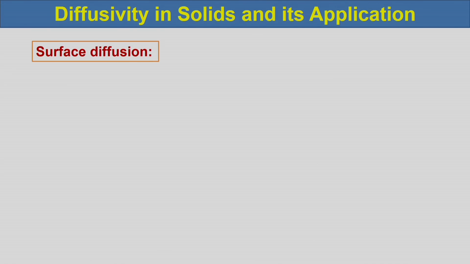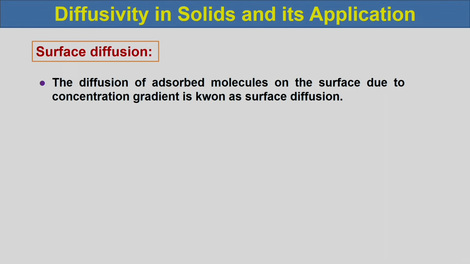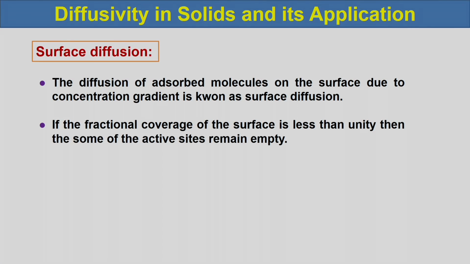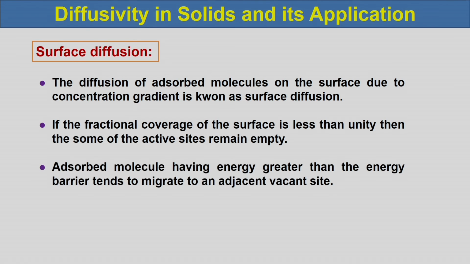Now, another thing is the surface diffusion. The diffusion of adsorbed molecules on the surface due to concentration gradient is known as the surface diffusion. If the fractional coverage of the surface is less than unity, then some of the active sites remain empty. So, in that case, what happens?